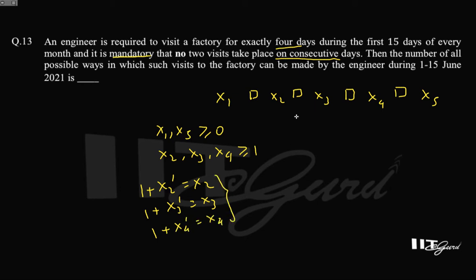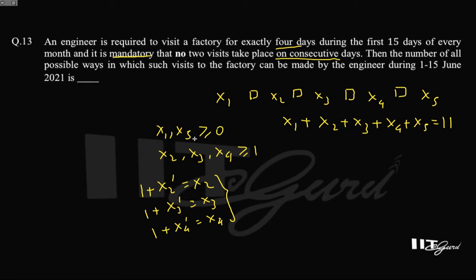Now substitute these values, so that x1 + x2 + x3 + x4 + x5 equals how many days? As 4 days he is present in the factory out of 15 days in total, 15 minus 4 is 11 days. So this sum should be 11.